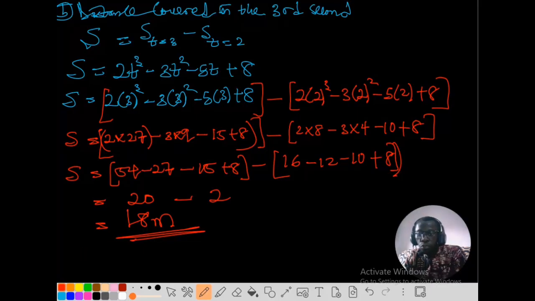We are left with the third part, which is the time the particle is momentarily at rest. For a particle to be momentarily at rest, the speed or velocity v will be 0.